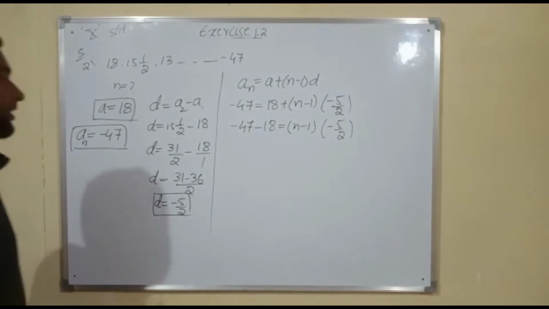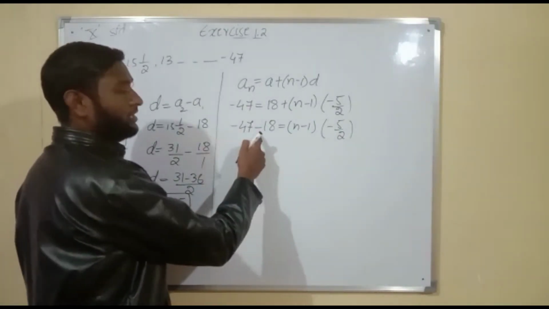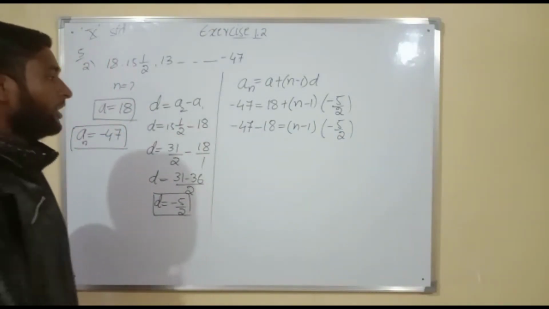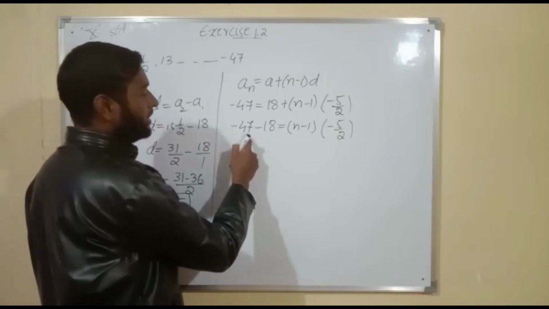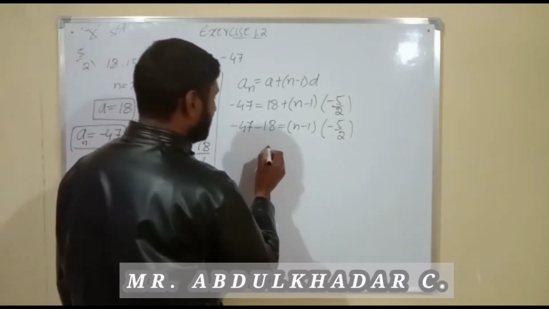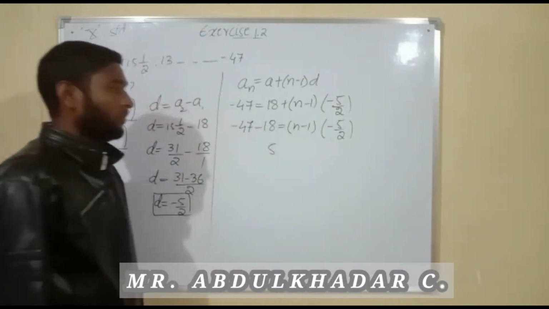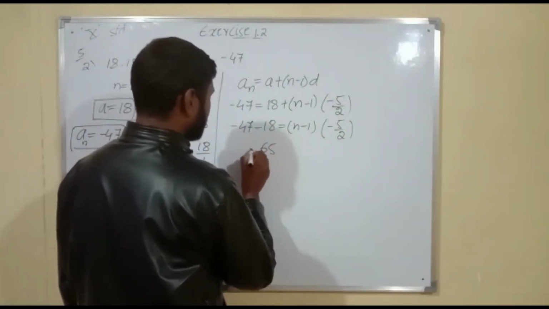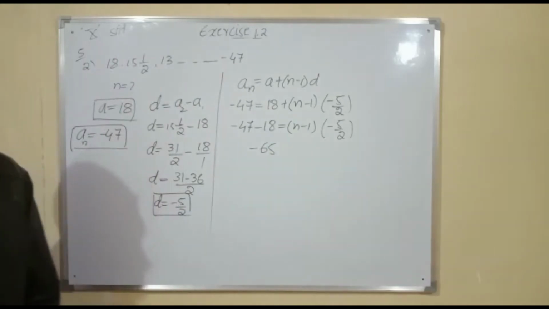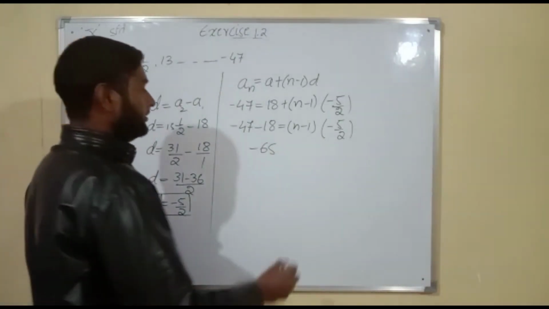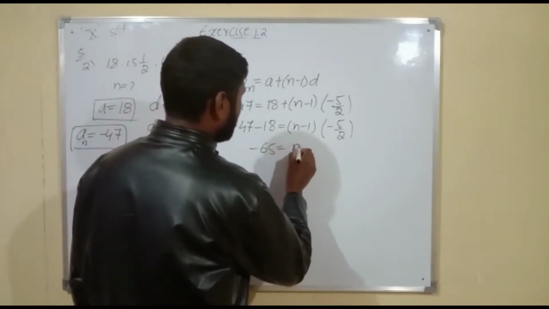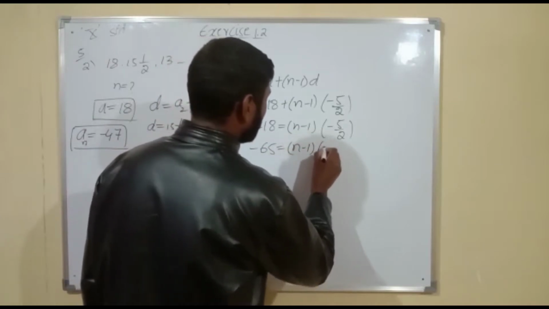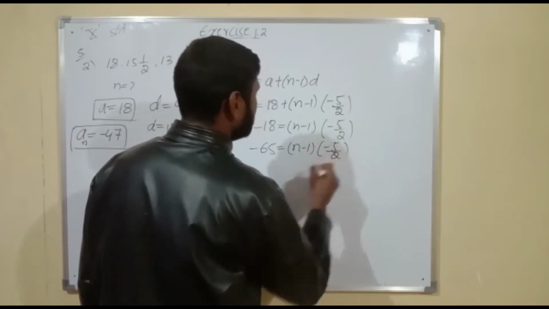Both are having the same sign, so we have to add here. 7 plus 8 is 15, 1 carry, 4 plus 2 is 6, along with the minus sign. Which is equal to n minus 1 into minus 5 by 2.